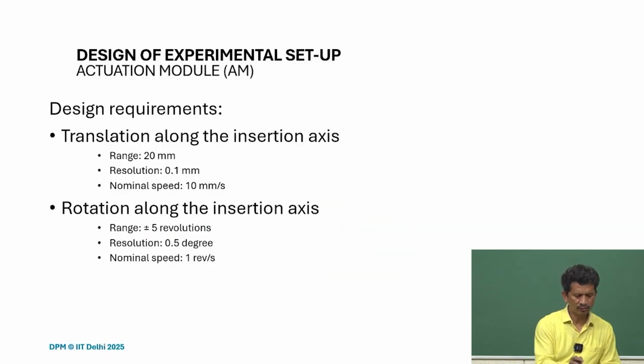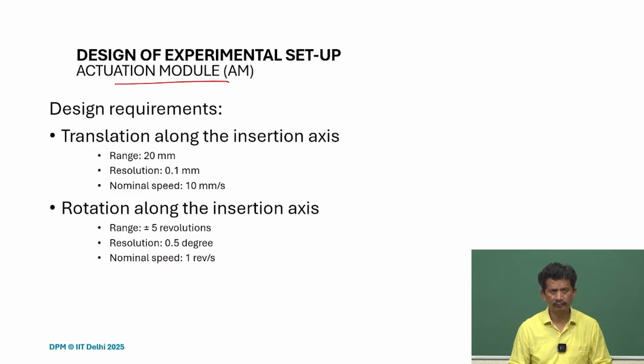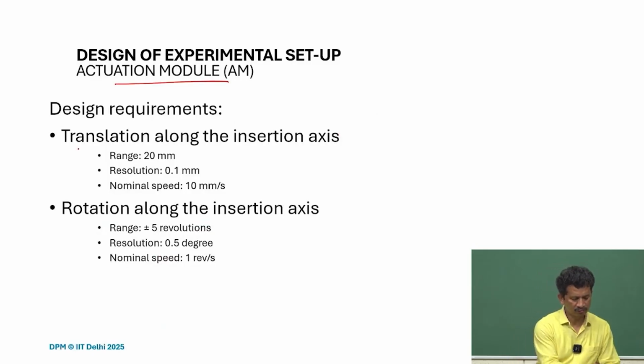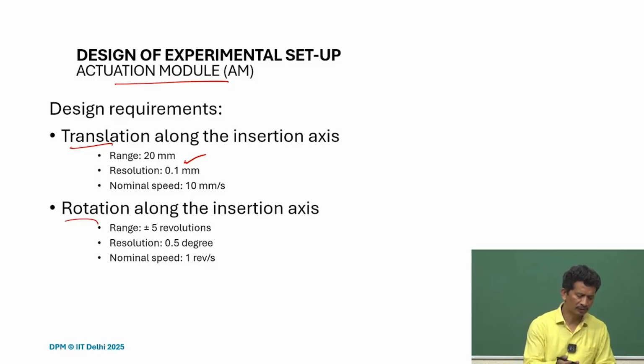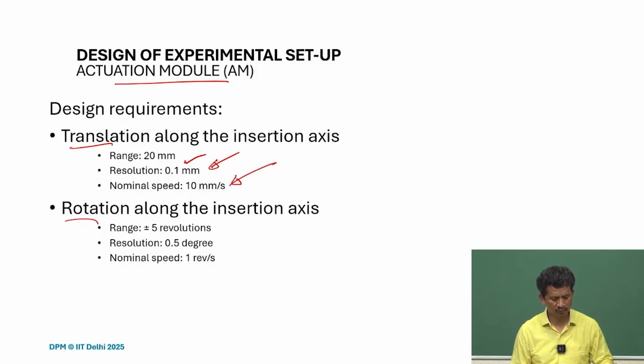When it comes to the actuation module, the requirements are, of course, we wanted to have translation and rotation, and the translation range we defined. These numbers come after discussion with the surgeons and after going through the literature. So what is the range of motion, what is the resolution required, and the speed at which we want to do that.